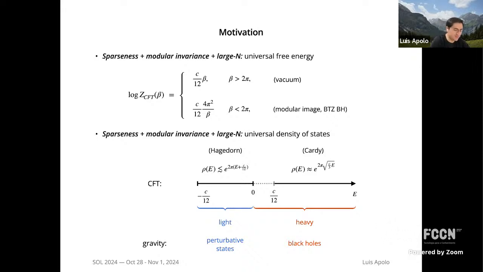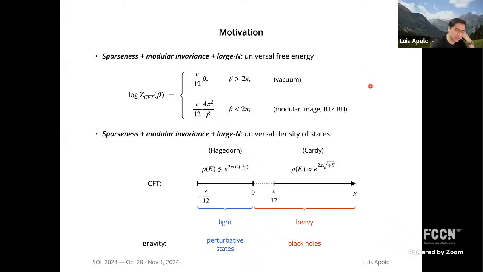When the inverse temperature is greater than 2 pi, so at low temperatures, the log of the partition function is dominated by this expression, which comes from the vacuum, whereas at high temperatures, or small values of beta, it's dominated by its modular image under a modular S transformation. Then it matches the answer that you get from a BTZ black hole in the bulk side of the AdS3/CFT2 correspondence.